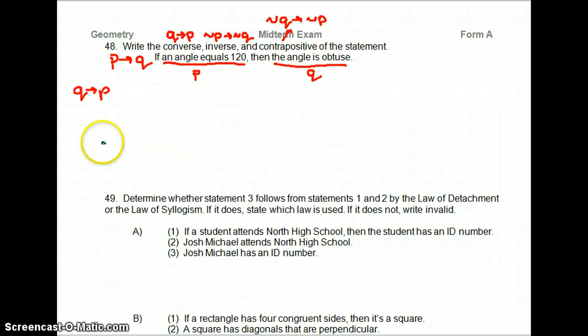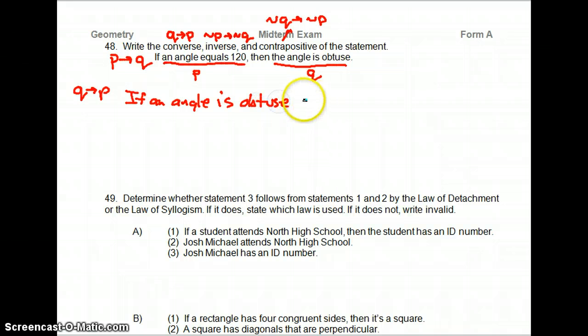So, write Q first: if an angle is obtuse, then it equals 120.